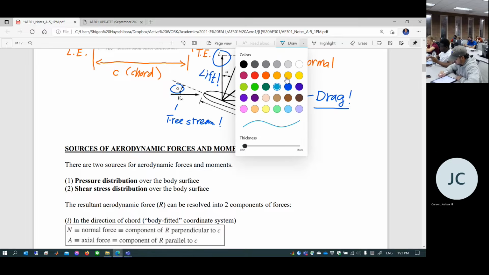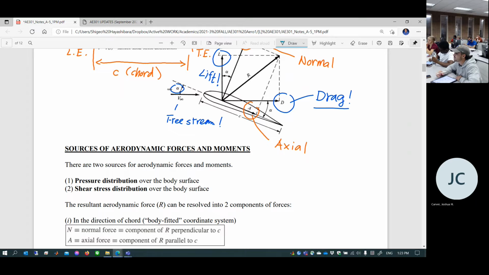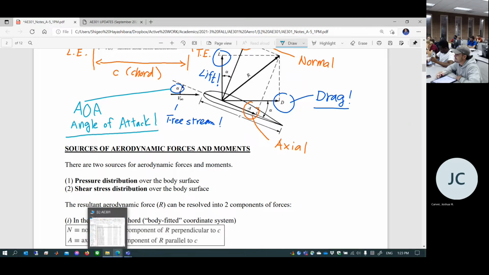This is quite important terminology in aerodynamics. Alpha is called angle of attack, AOA.